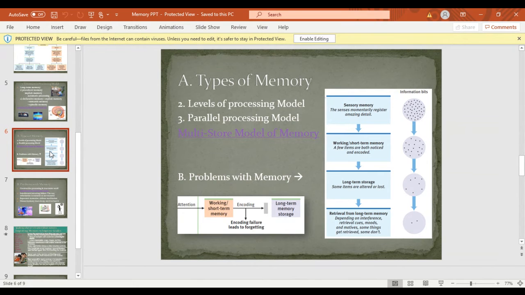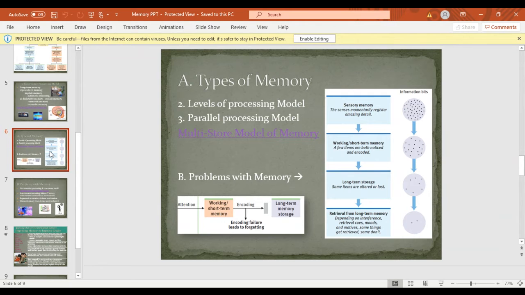So sometimes we can have problems with memory. For example, when information comes in through our senses, and it hits the sensory information, the senses may register this amazing detail, but slowly as it goes into short-term memory and long-term storage and then retrieval, some of these bits and pieces are forgotten.